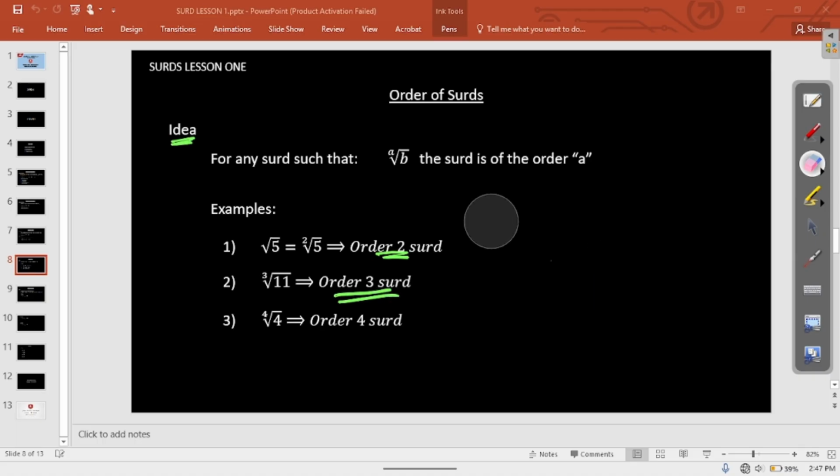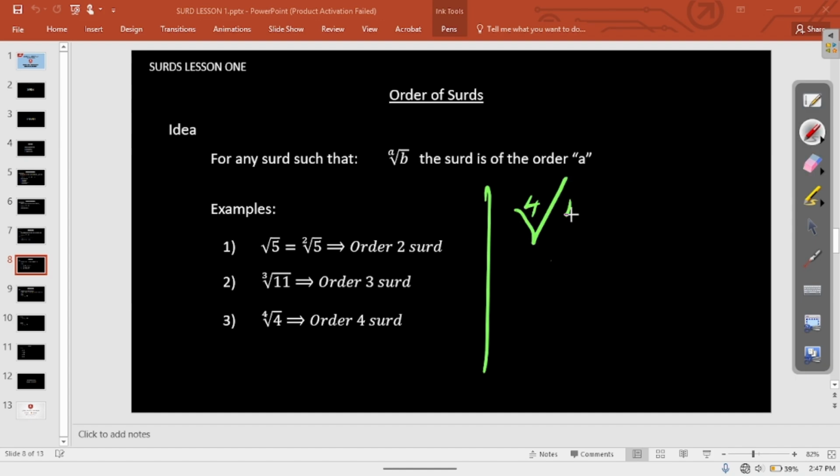And maybe lastly, we can look at the very last one, where we have the 4th root of 4. If we equate the 4 to a, then the surd becomes an order 4 surd.